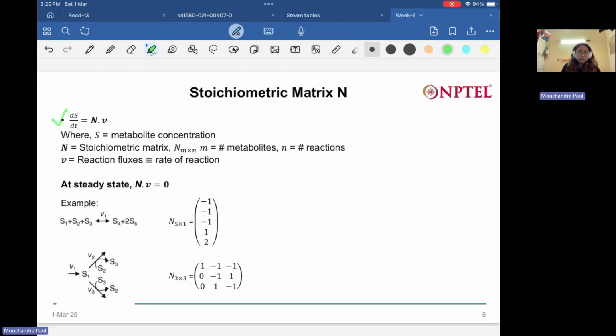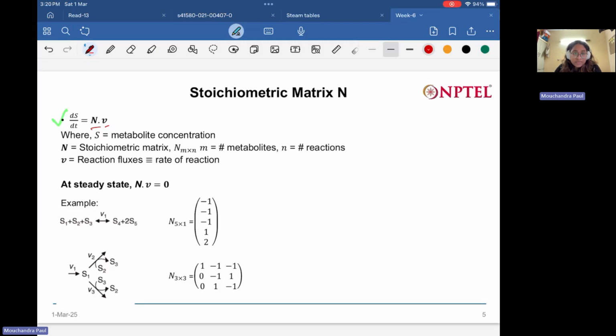This is the reaction flux equation where dS/dt, the rate of change of the metabolite concentration, is given by the dot product of the stoichiometric matrix N and the individual reaction fluxes v.